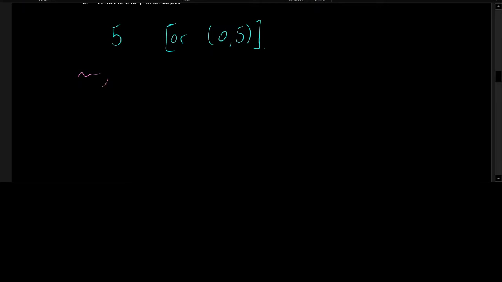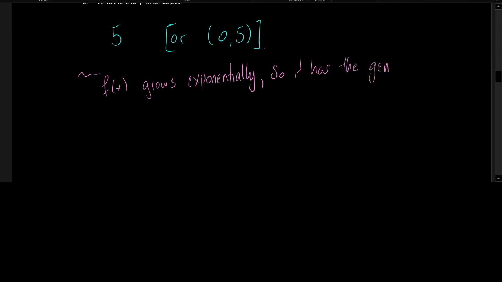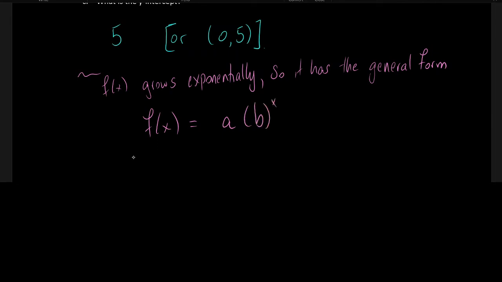I'm going to say f of x grows exponentially, so it has the general form f of x is equal to some number a times b to the power x, where the b stood for the base and the a stood for the y-intercept.